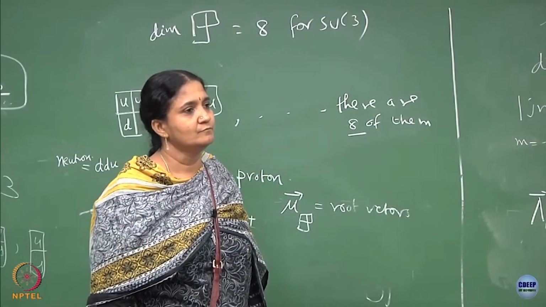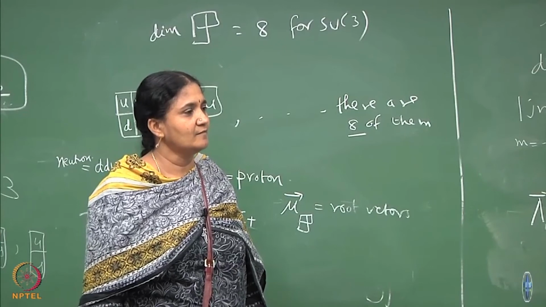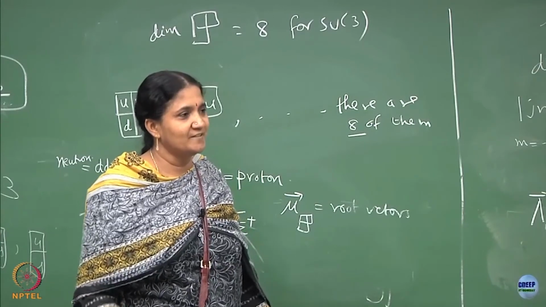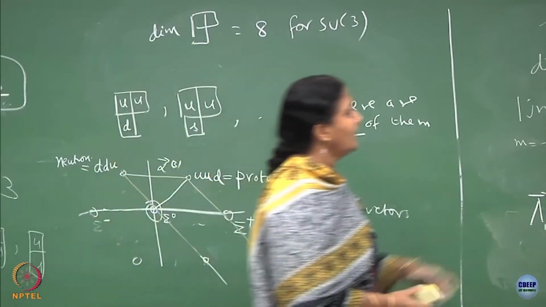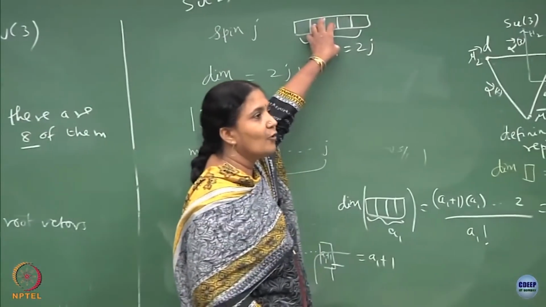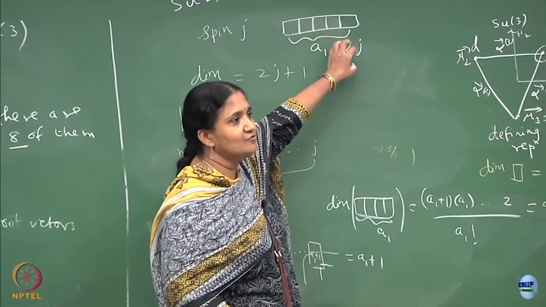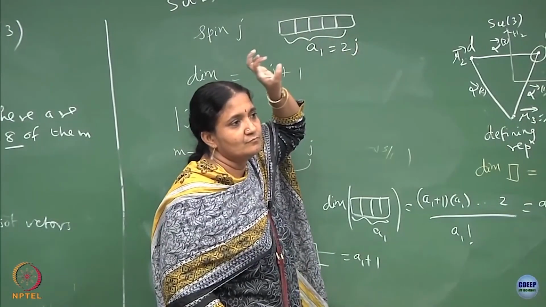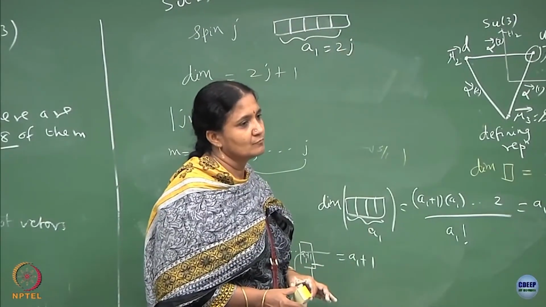Clear? So, each of these diagrams is a higher spin representation of SU2, where the dimension tells you how many states there are, and this one will be just A1 plus 1, which is 2J plus 1. The number of boxes has to be equal to 2J. Clear?